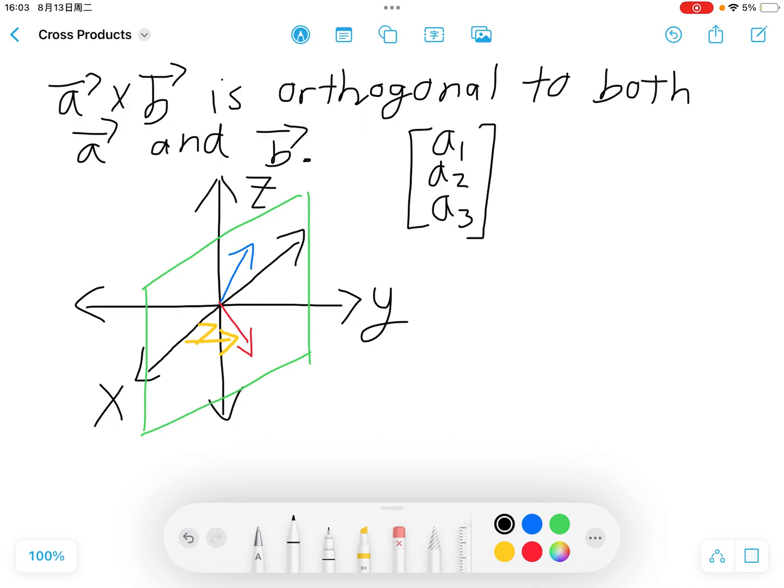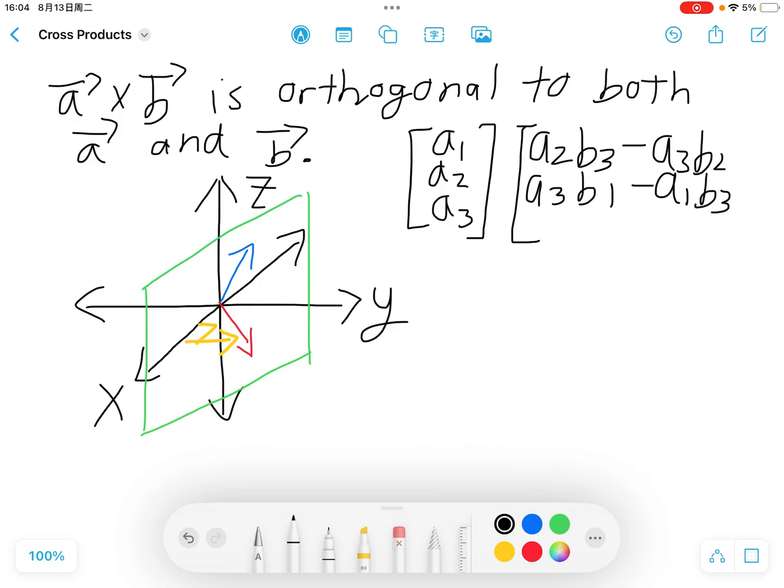So essentially we know that the cross product of the two vectors will be A2 B3 minus A3 B2, A3 B1 minus A1 B3, and then A1 B2 minus A2 B1.